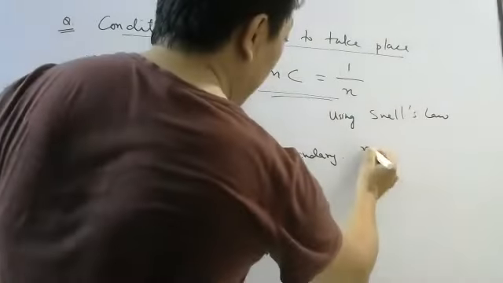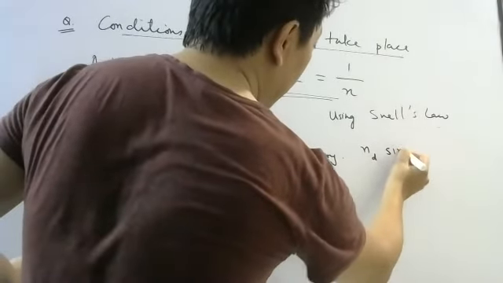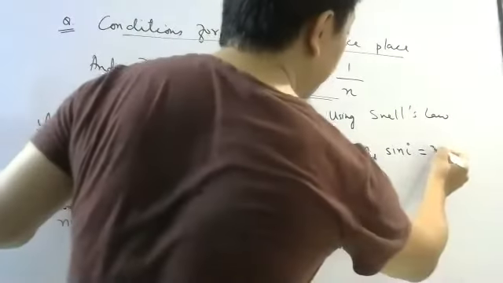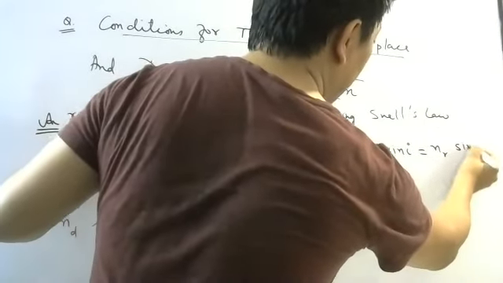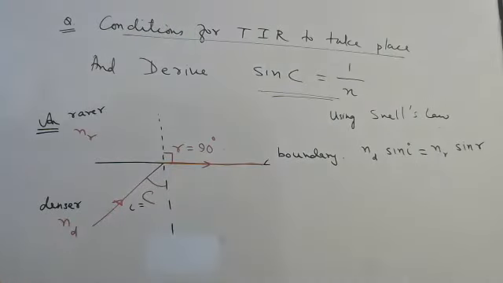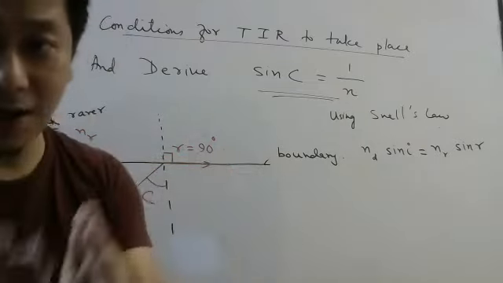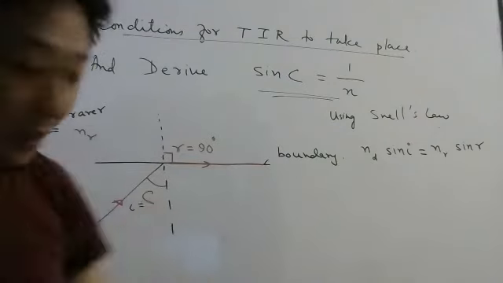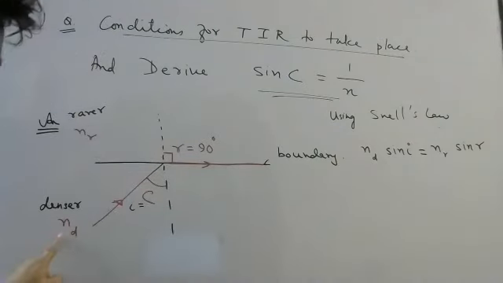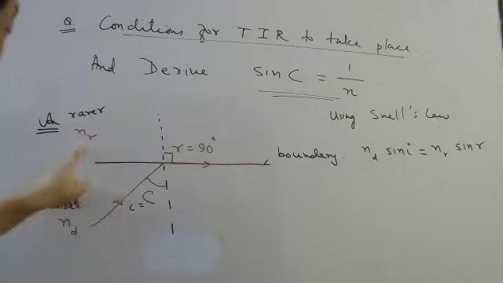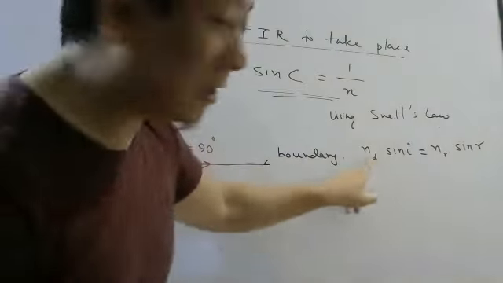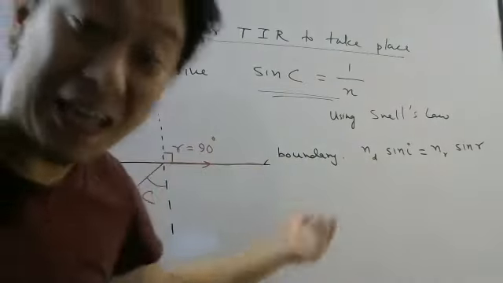So ND sine I equals NR sine R. Okay, this is just your Snell's law: N1 sine I equals N2 sine R. N1 and sine I should be in the same medium. But in place of N1, N2, I wrote ND, NR.